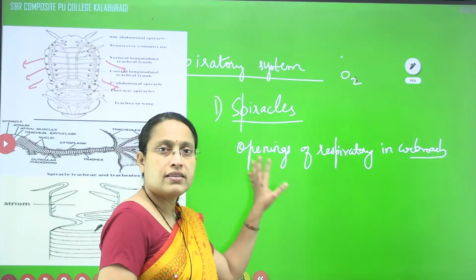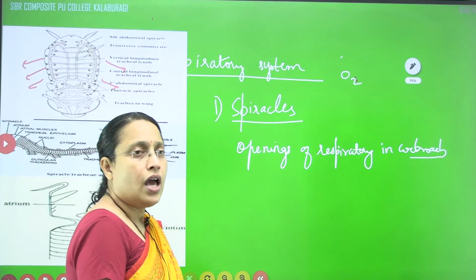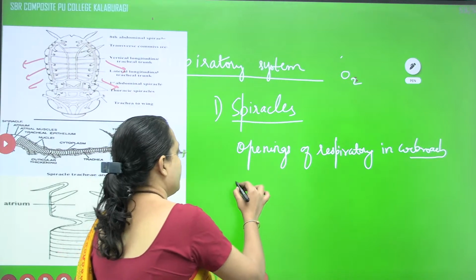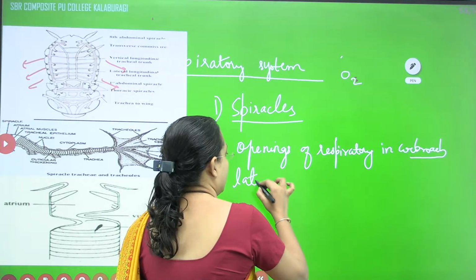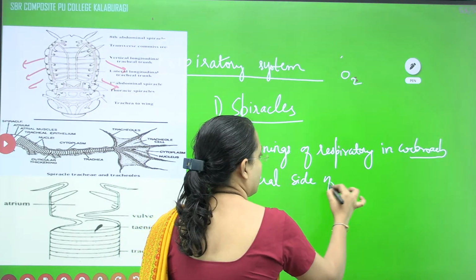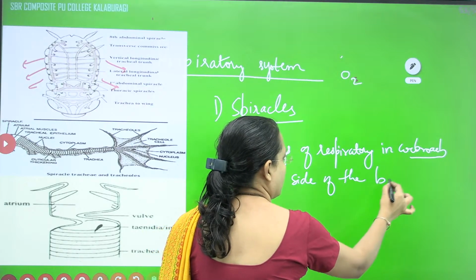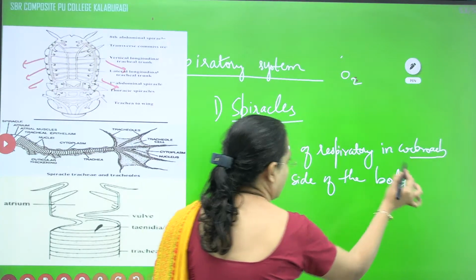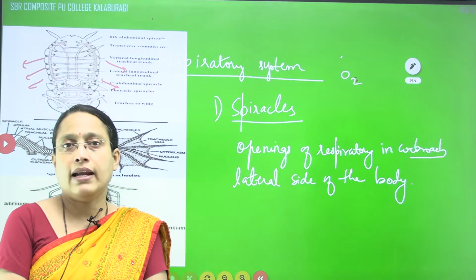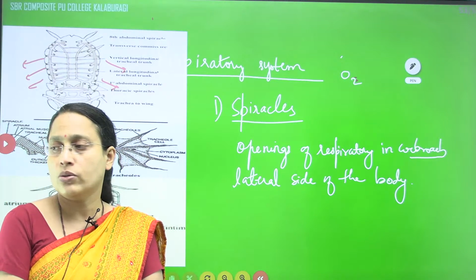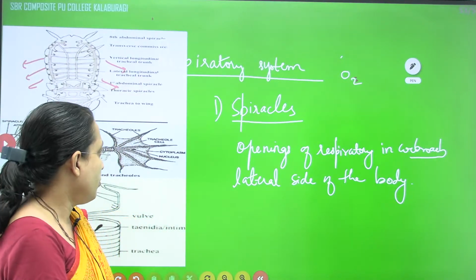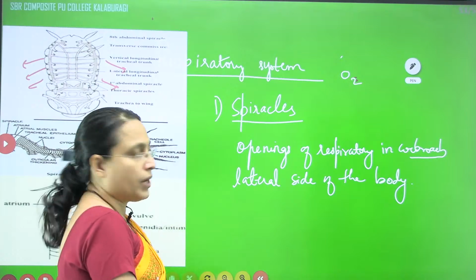Here openings are nothing but apertures. They are located on the lateral side of the body. Through these spiracles only oxygen enters the body, and the foul air containing CO2 leaves the body through these spiracles or apertures.